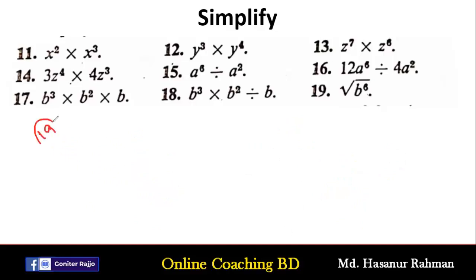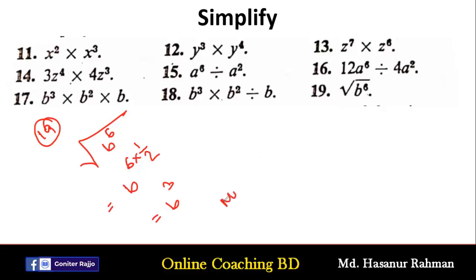Number 19 says square root of b to the power 6. We know that square root means we have to multiply the power by half. So b to the power 6 multiplied by half, that is 6 by 2, it will be 3. Multiplying any number by half or dividing any number by 2, both are the same thing.